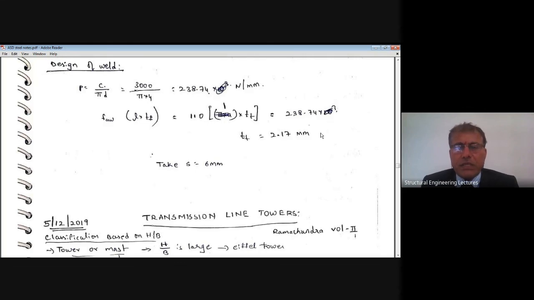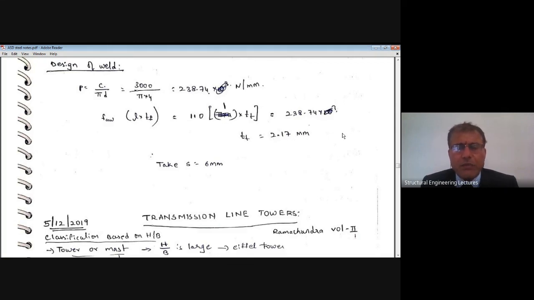Therefore, this being a fillet weld, effective throat thickness is equal to S divided by root 2, size divided by root 2. Hence, the size is equal to root 2 multiplied by the effective throat thickness, meaning 2.17 multiplied by 1.414.